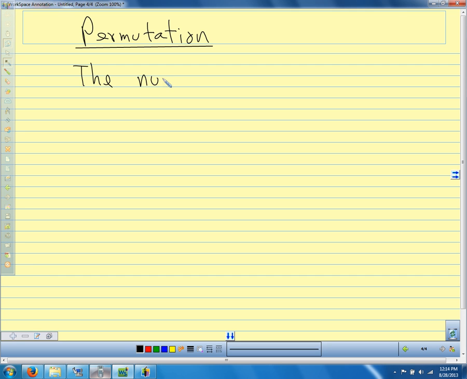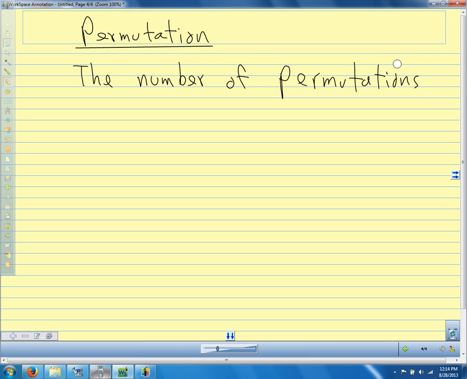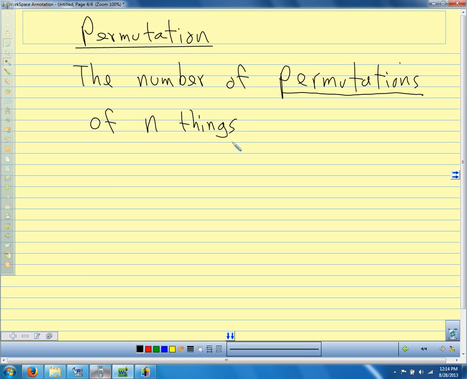The number of permutations, and a permutation is just a special kind of arrangement, the number of permutations of n things, where n is just a number, 10 things, whatever, arranged r at a time.